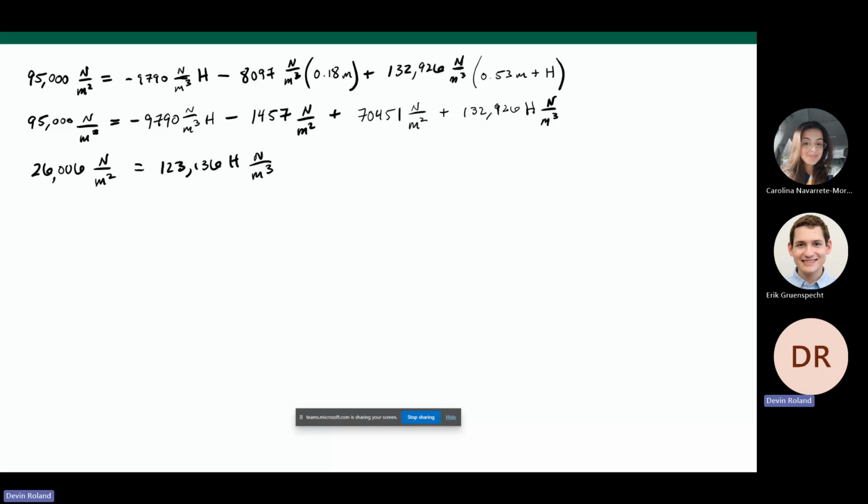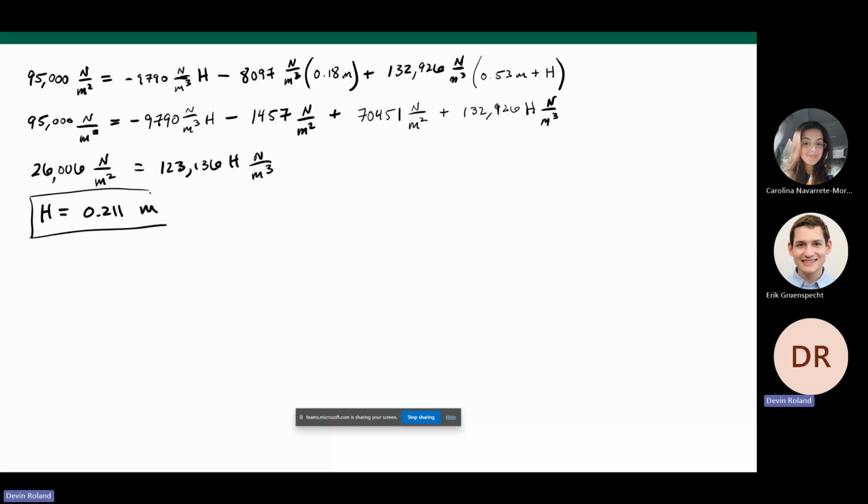So now we just solve for H, and H is going to be equal to 0.211. And that will be in meters.